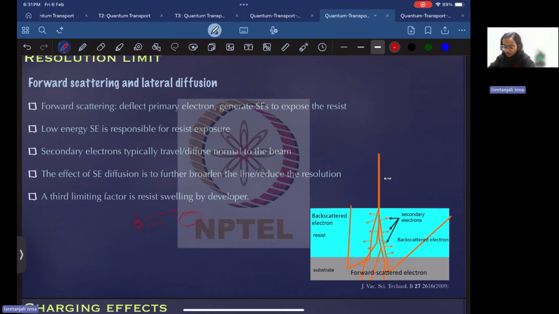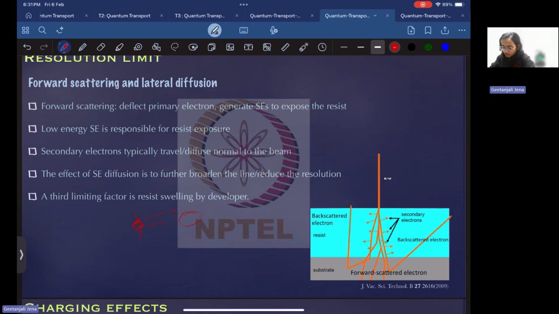This happens because of the lateral diffusion. Let's take an example: if we use a beam of size 2 nanometer, then the effective area affected by this beam is greater than the 2 nanometer we are using.